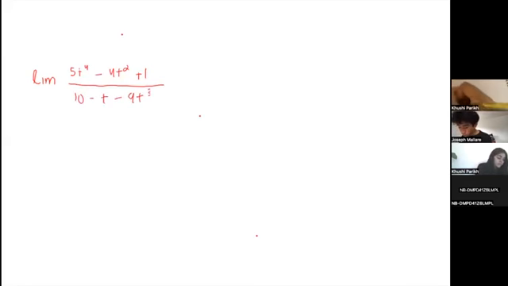Okay, so let's try. Limit as t approaches 1 of 5t to the fourth minus 4t squared plus 1 over 10 minus t minus 9t cubed.